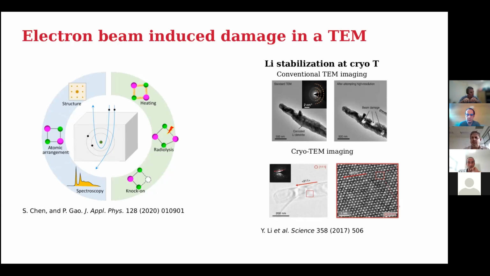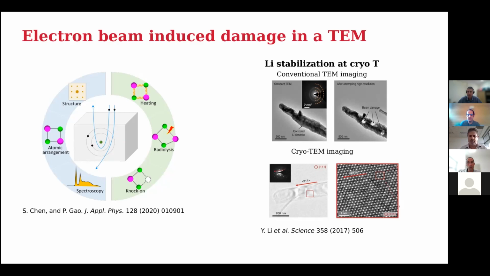So to answer your question, why low temperature makes such a difference: what we really do at low temperature is decrease the radiolysis damage. Off the top of my head, I can't remember exactly what the explanation is. I will have to look for it.